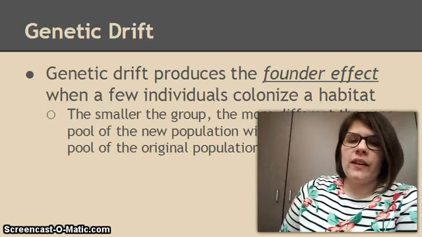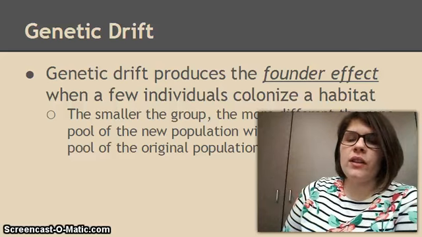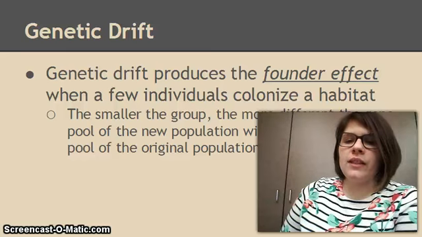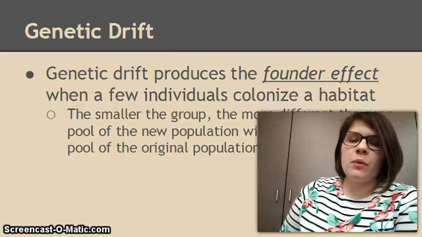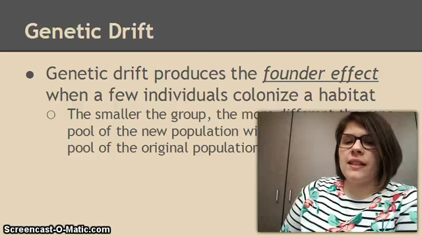Genetic drift also produces the founder effect when a few individuals colonize a habitat. The smaller the group, the more different the gene pool of the new population will be from the gene pool of the original population. This is exactly what happened with the elephant seals.